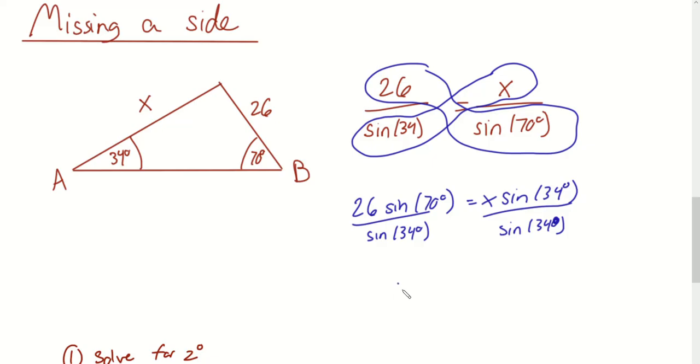Okay, we need our calculators for this bit. What do you get when we do 26 sine of 70 divided by sine of 34? So it's this divided by this.